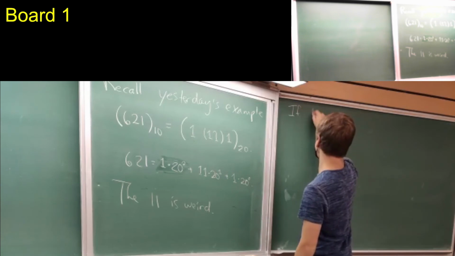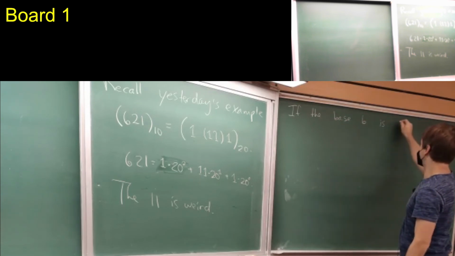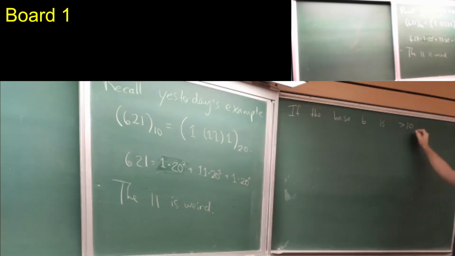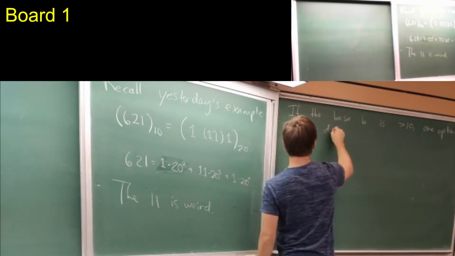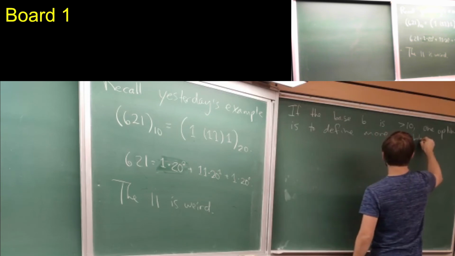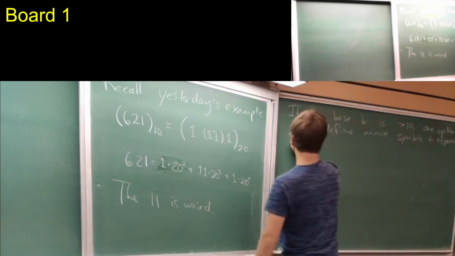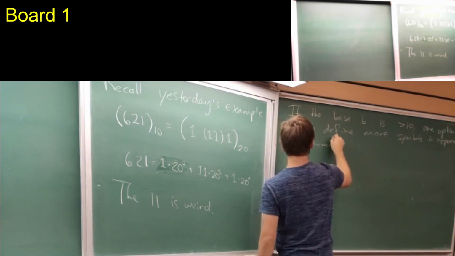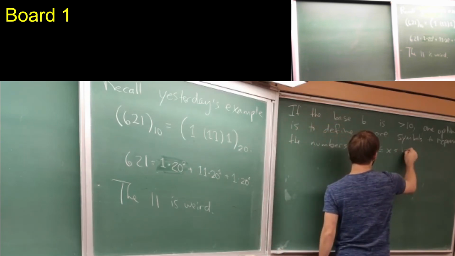So if the base b is bigger than 10, one option for how to represent your numbers is to define more symbols, more symbols to represent the numbers between, let's say, 10 and b.